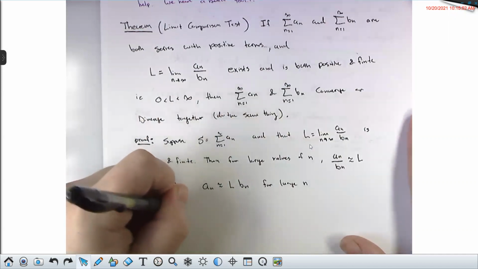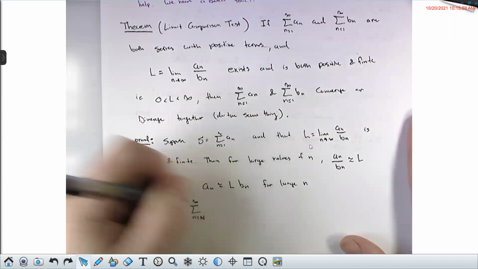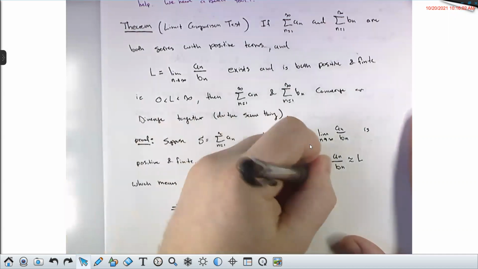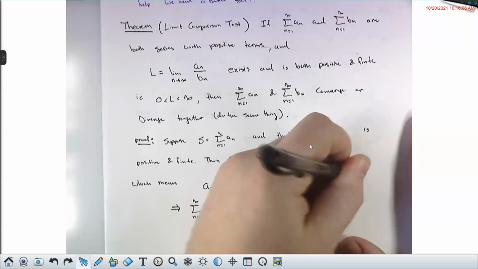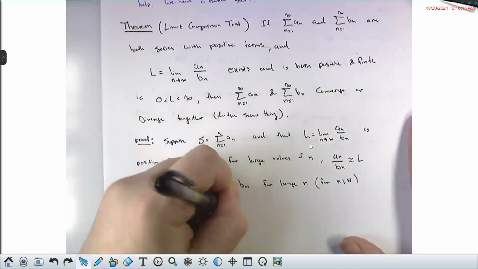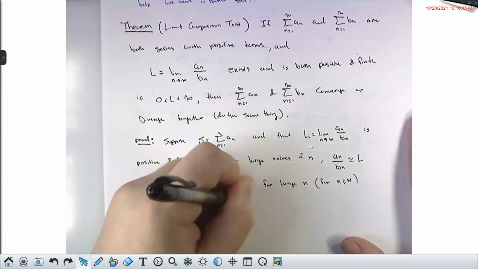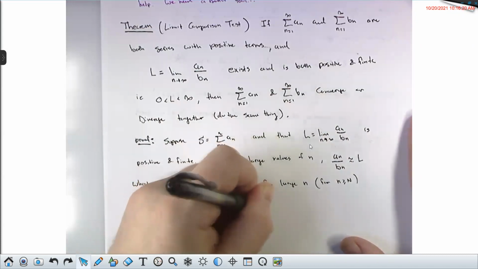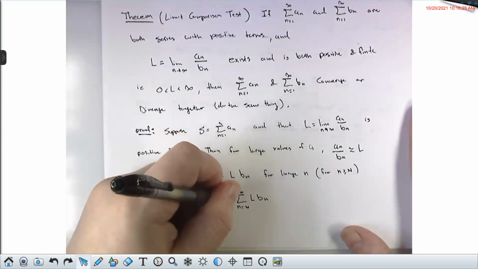And this means that the sum from some capital N to infinity of an, for large n, let's say for n greater than or equal to capital N, is approximately equal to the sum from n equals capital N to infinity of L times bn, because these are approximately equal.